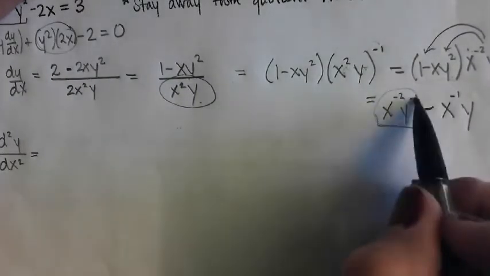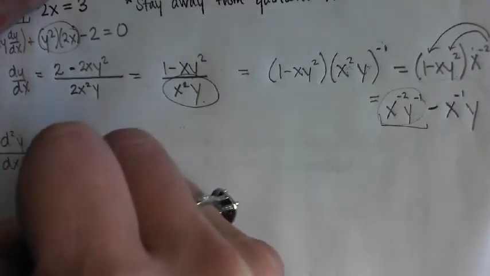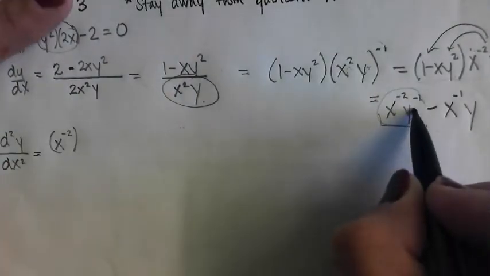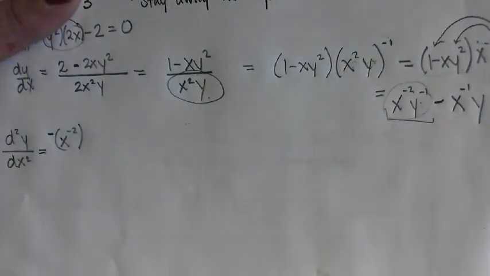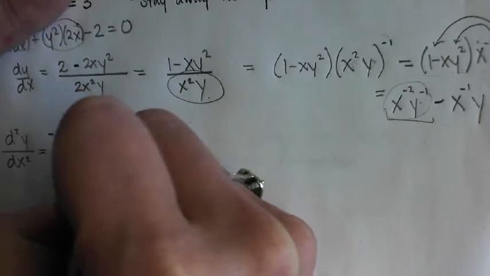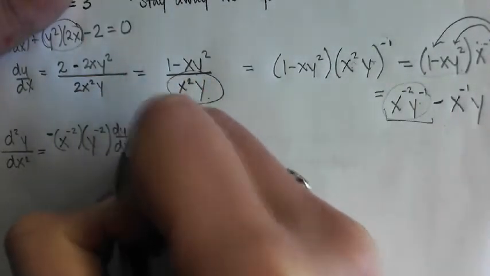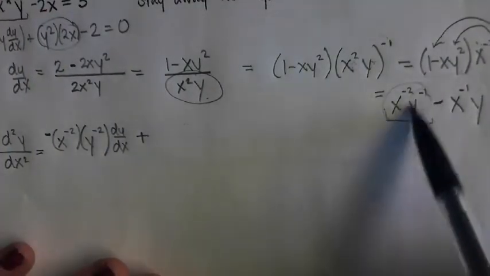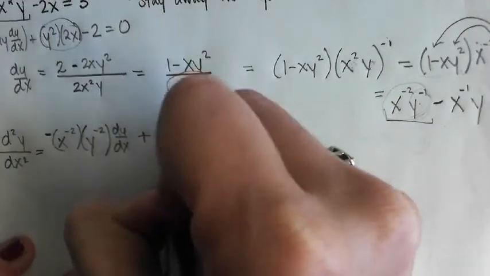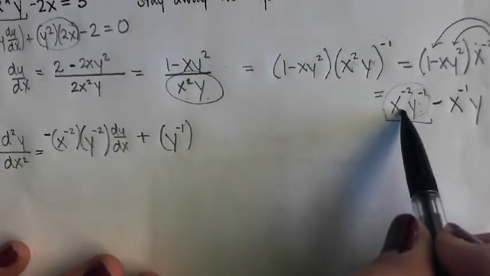I will start with a product rule here. So first, x to the negative second times the derivative of y to the negative first. So that's going to be negative, so I'll put that out in front, y to the negative second dy dx, plus the second, y to the negative first, times the derivative of the first, which is negative 2x to the negative third.